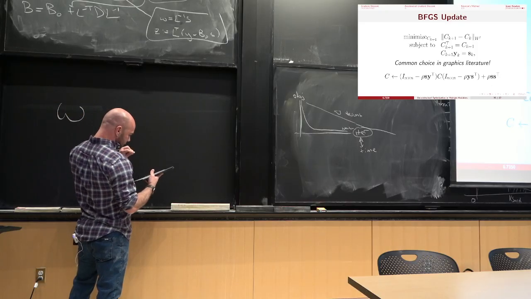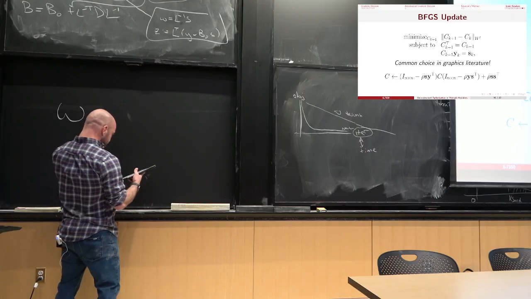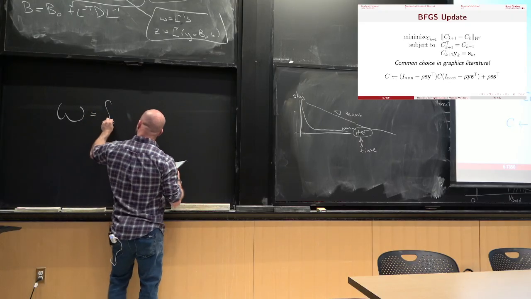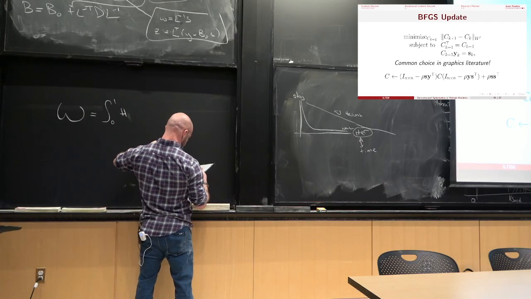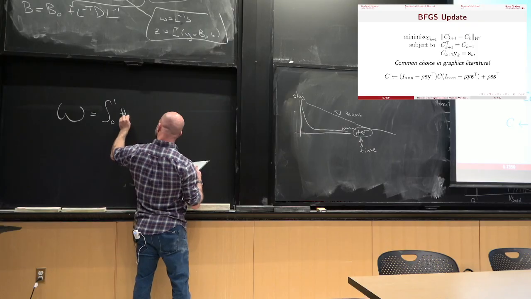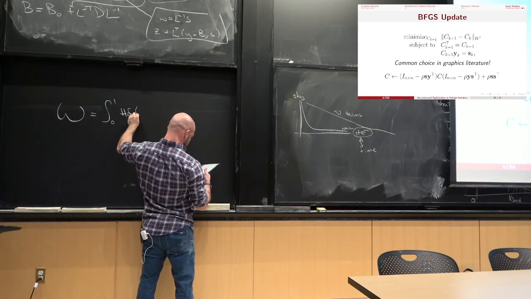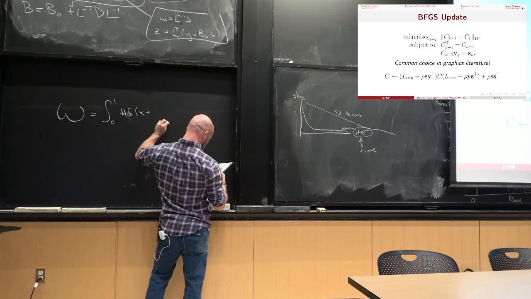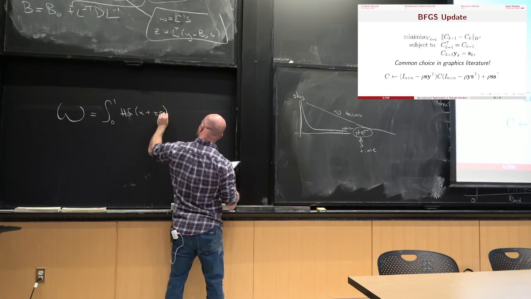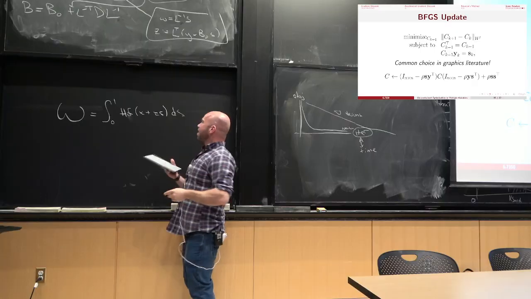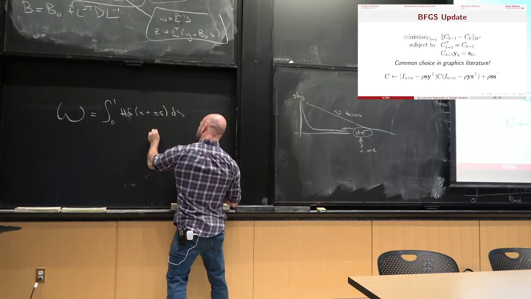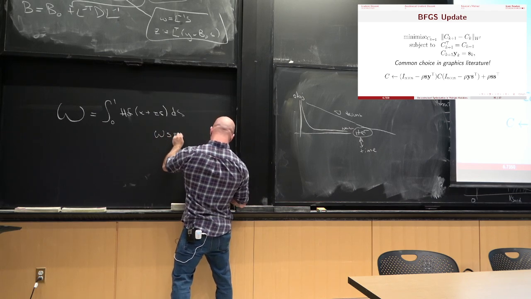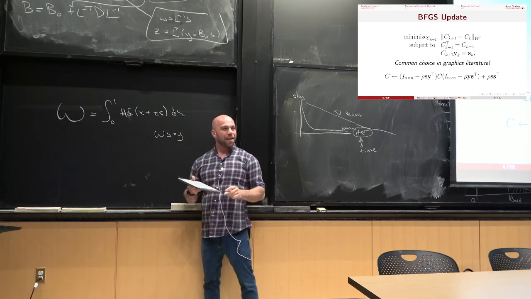So if I take W to be the following, the integral from 0 to 1 of the Hessian of my function evaluated at x plus tau s, d tau. So what is this thing? This is super cool. Remember that what we really wanted was Ws equals y, right?